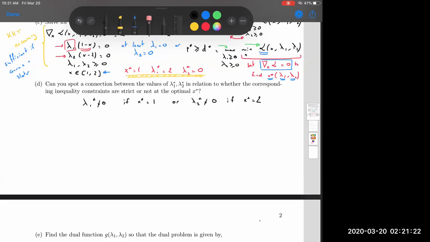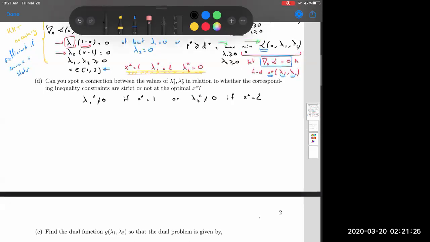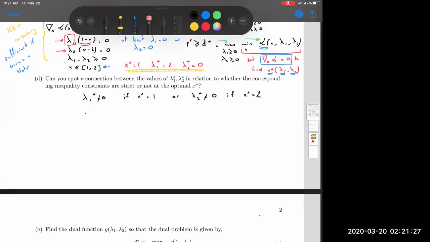Something that you can see here, which is kind of funny, is that lambda 1 star is equal to 2 and lambda 2 star is equal to 0. And now if I draw x squared as a function of x between 1 and 2, the minimum is here.